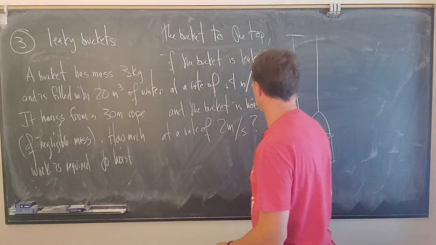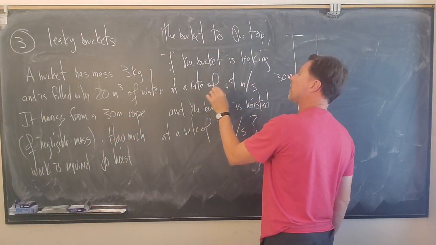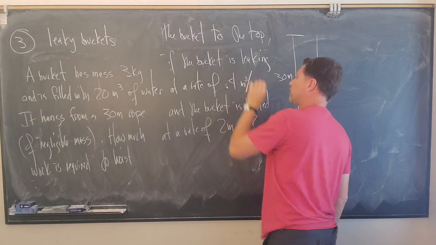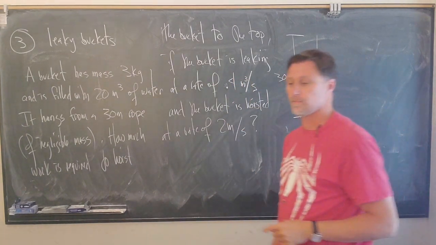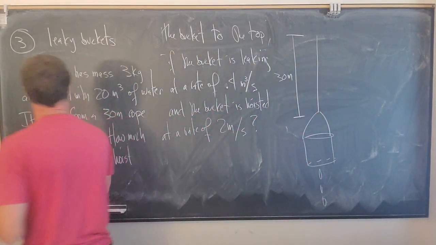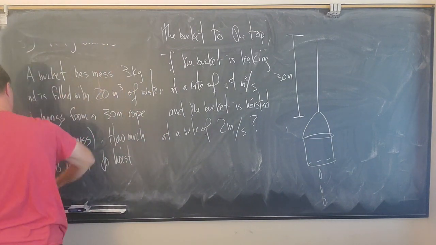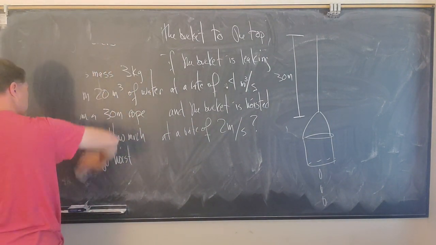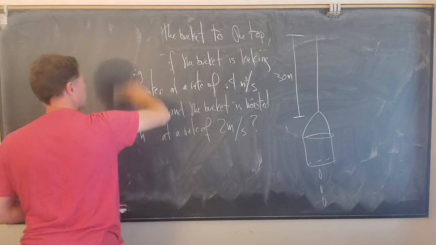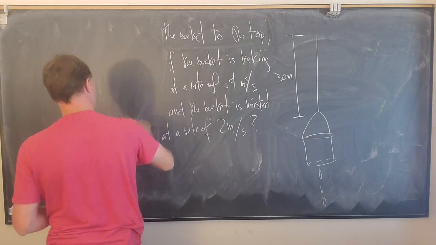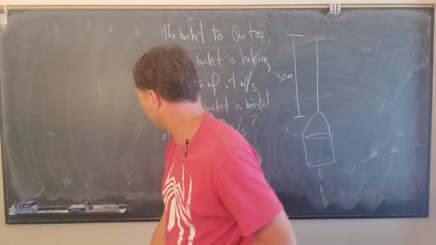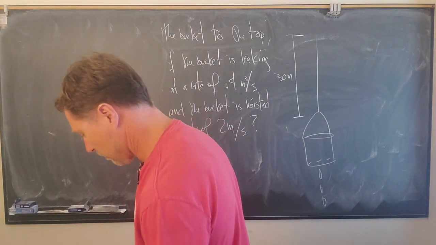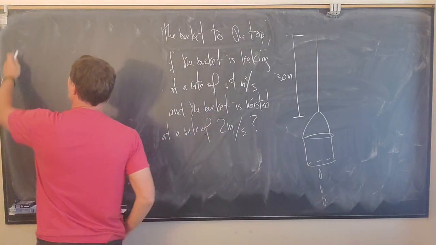This shouldn't say meters per second. It's leaking at a rate of 0.4 cubic meters per second. So what I want to do to approach this problem is just write down everything that we can get from the problem. Let's write down various facts that we can get.